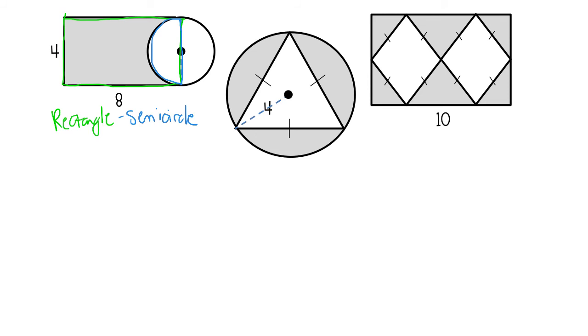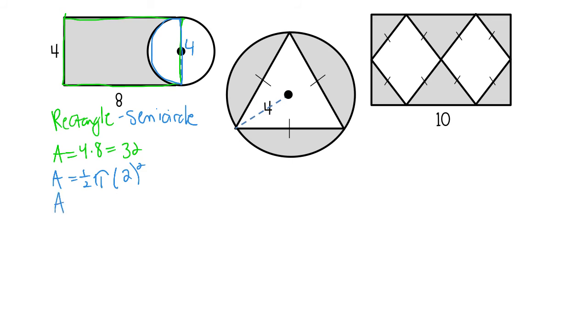So the area of the rectangle is 4 times 8, or 32 units squared. The area of the semicircle is just going to be the area of a circle, pi r squared, and then we'll just divide it by 2. So 1/2 pi. We see 4 is the length of the diameter, so that means our radius is 2 squared.